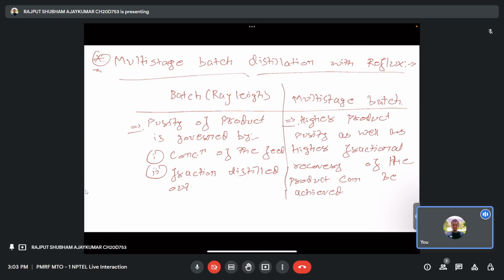Okay, so these two are the main differences between a multi-stage batch distillation with reflux and a single distillation.